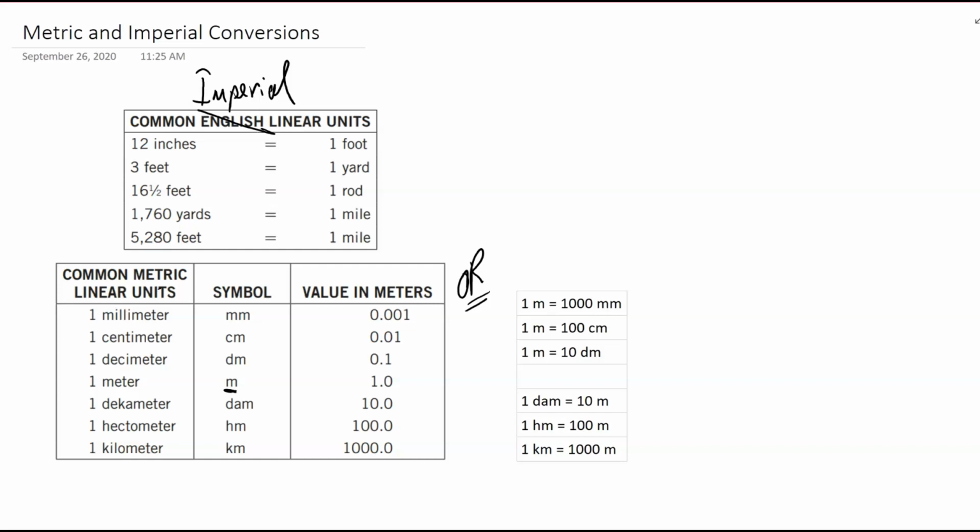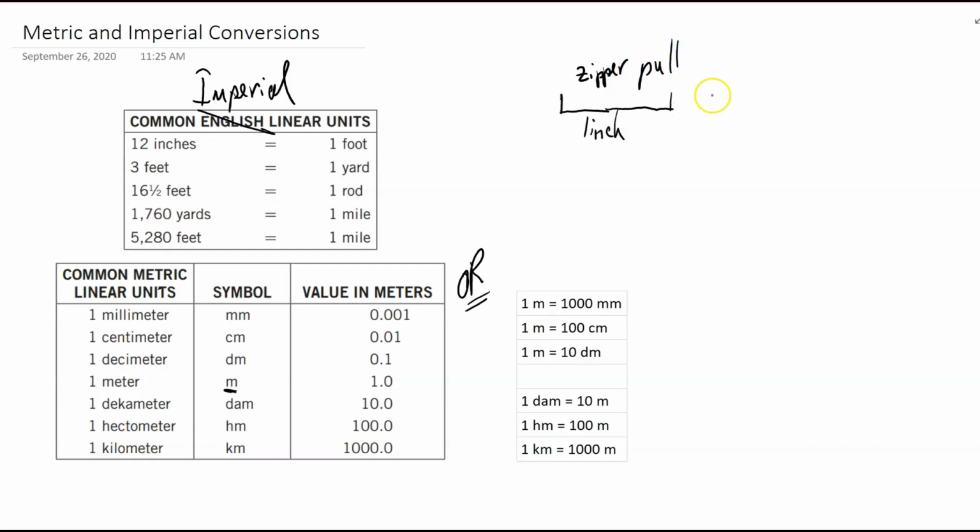Like, for example, inches. 1 inch is about that far. Try to think of something that is 1 inch. And I would say, often a zipper pull on your winter coat. Okay, so a zipper pull is about 1 inch.